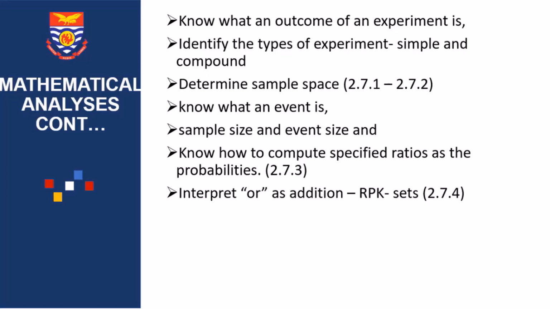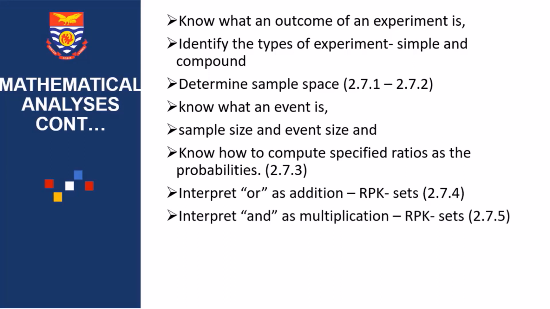And in this particular aspect, we can use sets as our relevant previous knowledge, and also be able to interpret the word "and" as multiplication. The same sets can be used: the intersection of sets can be related to the word "and", and the union of sets can be related to the word "or" in probability.